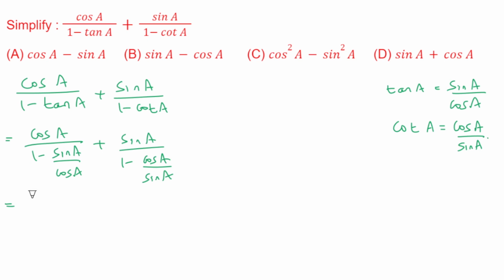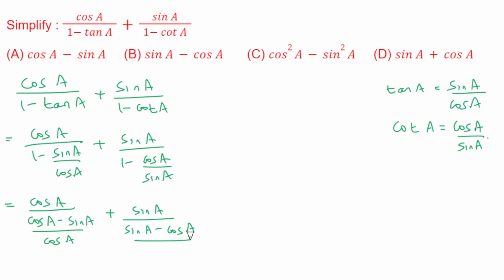This becomes cos A over cos A minus sin A over cos A. Similarly here, 1 times sin A becomes sin A minus cos A over sin A. So here we have three terms in the fraction.